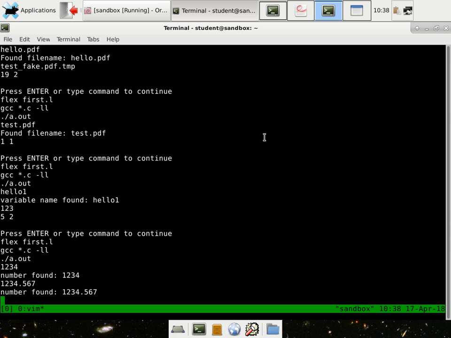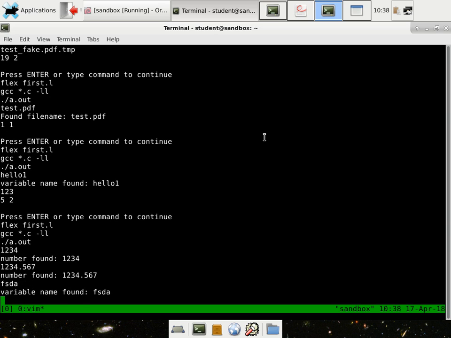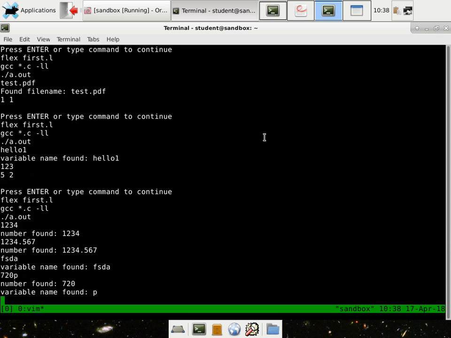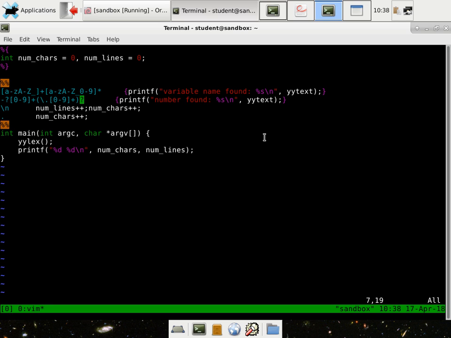But if we try and do variable, it tried and did number, so it actually parsed it as two different things. So that means we have to end it with a dollar sign after this ends.